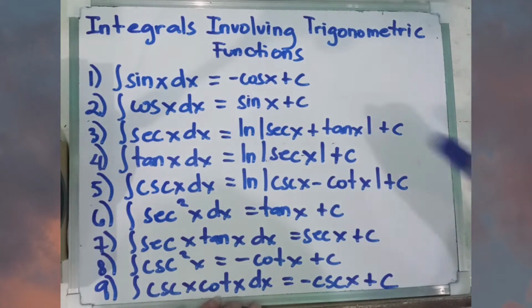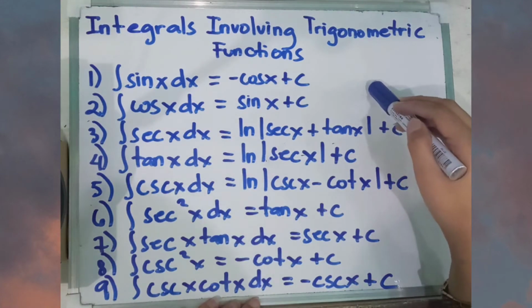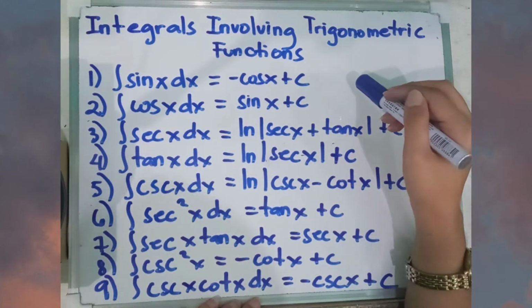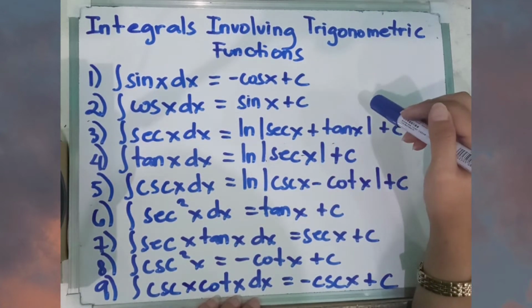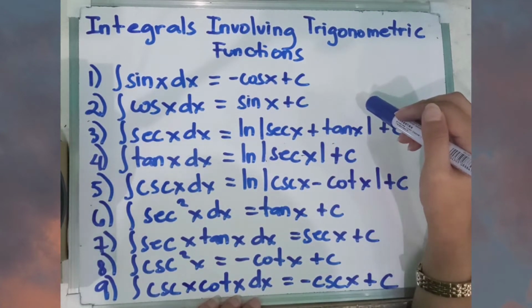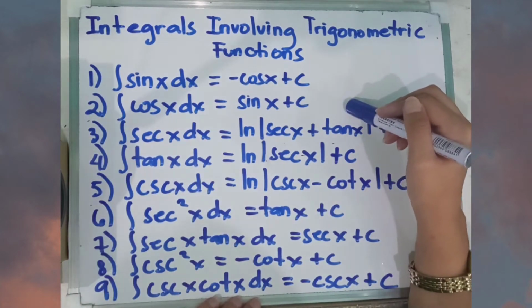Number one, the integral of sine x dx is simply equal to negative cosine x plus c. Second, the integral of cosine x dx is equal to sine x plus c.